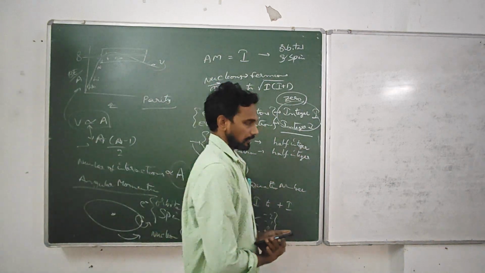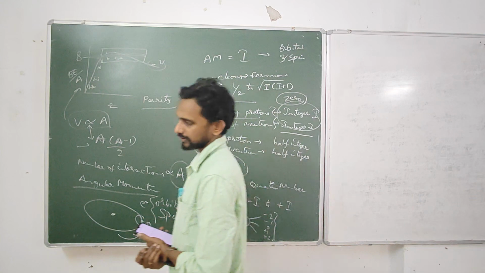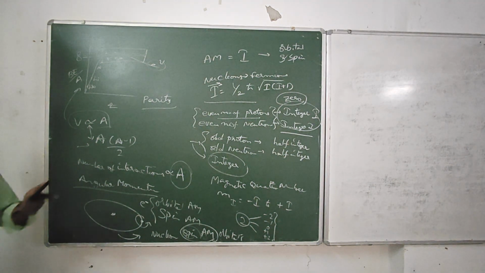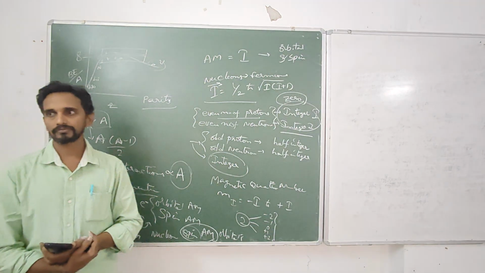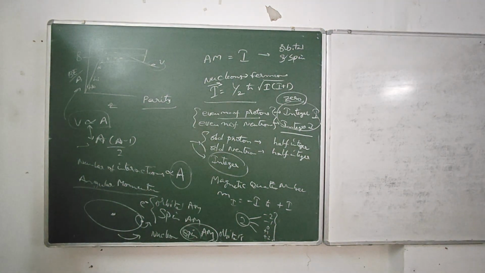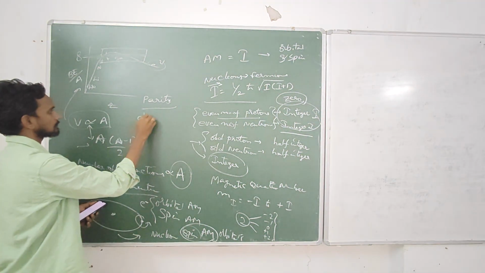So next one, the most important property that decides the fate of entire nuclear physics is the parity. Parity deals with symmetry, it deals with inversion symmetry.